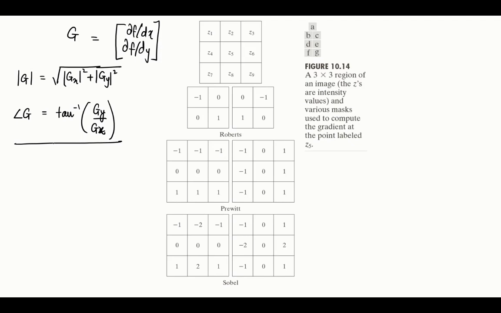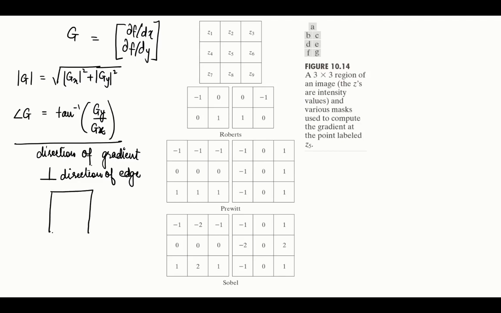This angle represents the direction of gradient, right? Which will always be perpendicular to the actual direction of edge, right? Because gradient is that direction towards which you found discontinuity.